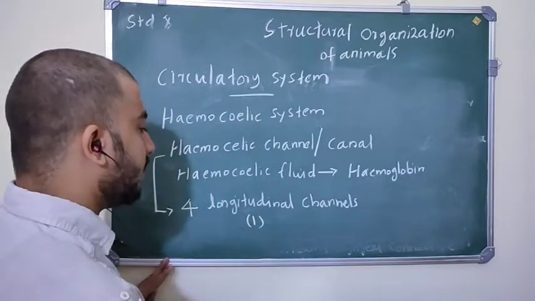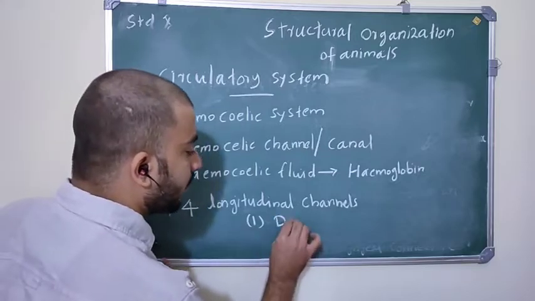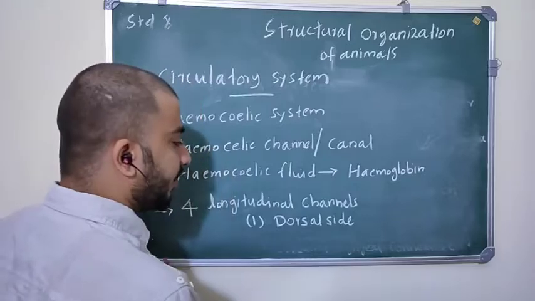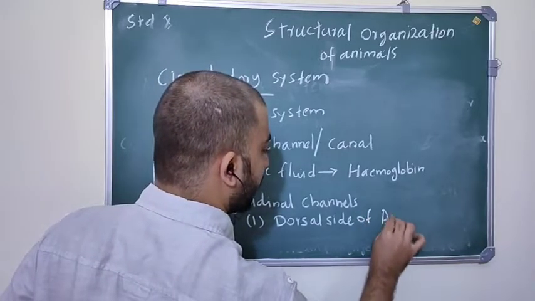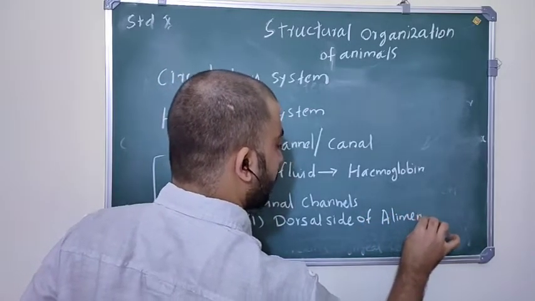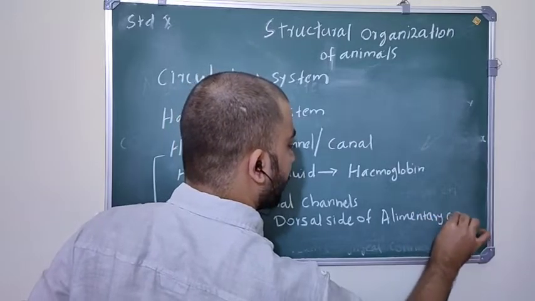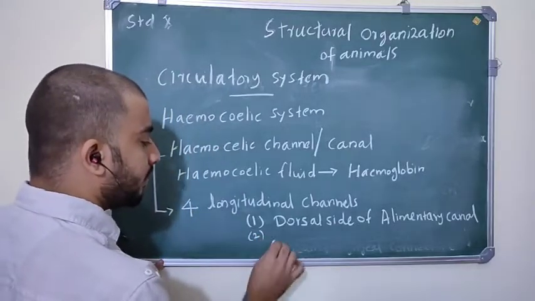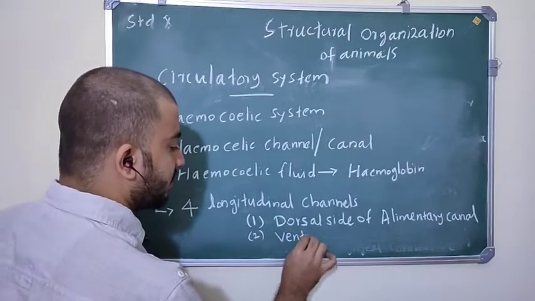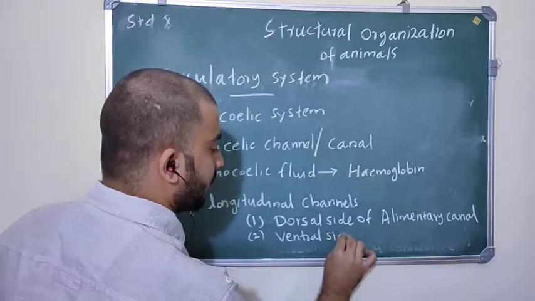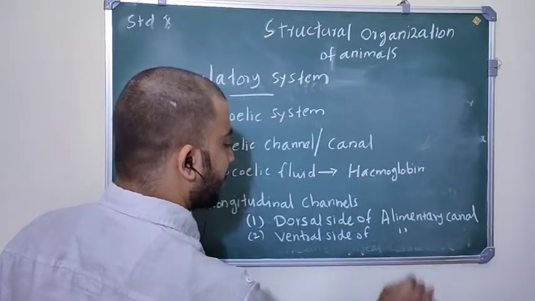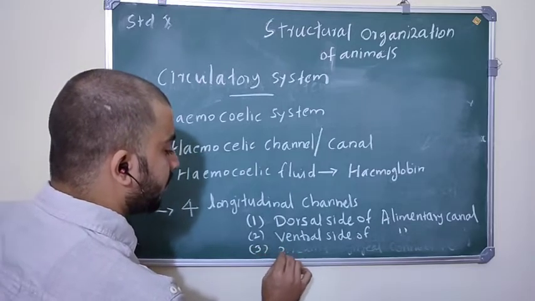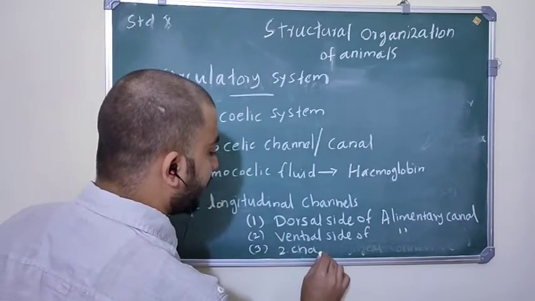One channel is on the dorsal side of the alimentary canal, and the second channel is on the ventral side of the alimentary canal, and the other 2 channels are on either lateral side.